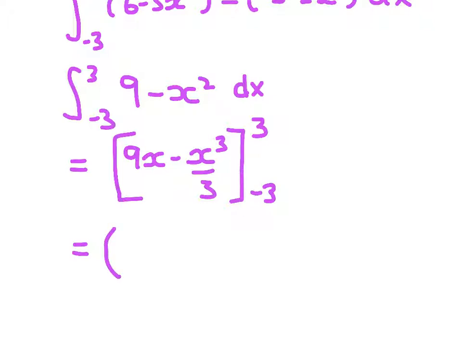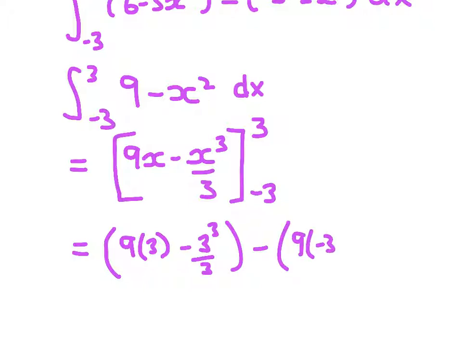So in rounded brackets, I've got 9 lots of 3 minus 3 cubed over 3, take away 9 lots of negative 3 minus negative 3 cubed over 3.